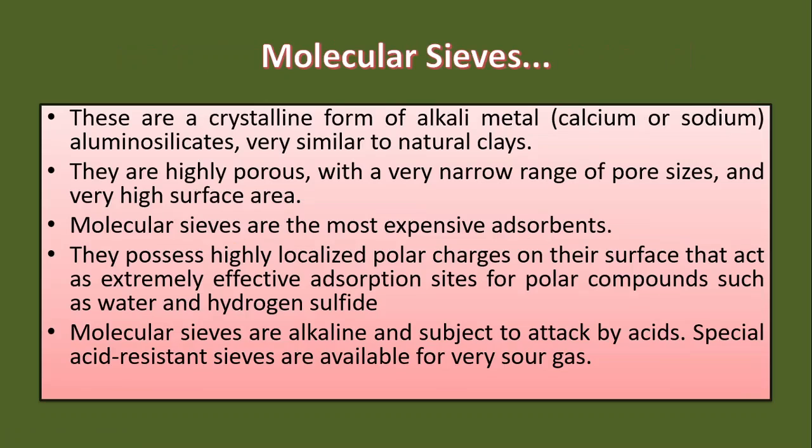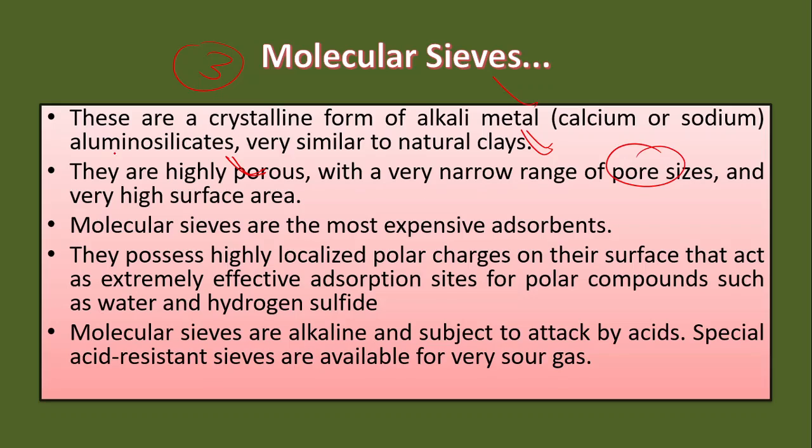That's why gels are not very good for high sulfur concentrations. The third one we are discussing is the molecular sieves. They are crystalline alkali metal or calcium or sodium aluminosilicates, very similar to natural clay. They are very highly porous, with a very high active surface area and a very narrow range of pore sizes.